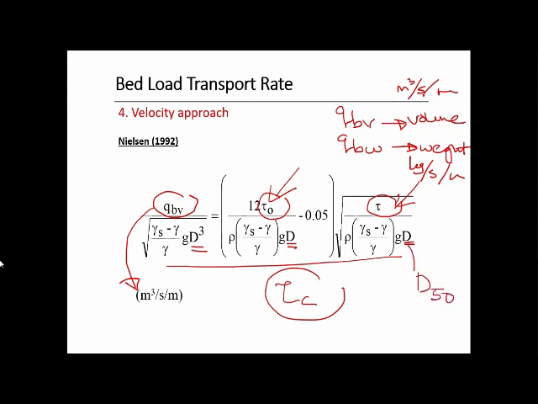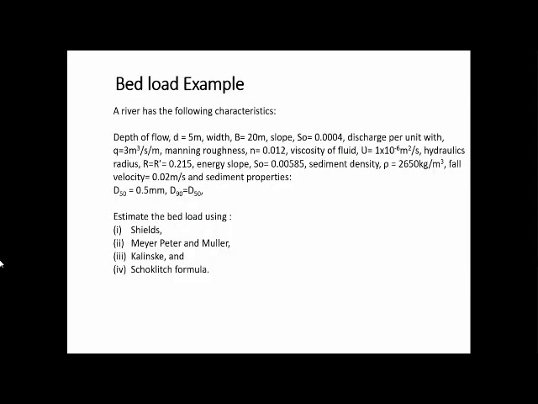And tau here is your bed shear stress, the normal shear stress, which can be calculated by rho times g times R times S. That's all for the bed load transport equations.